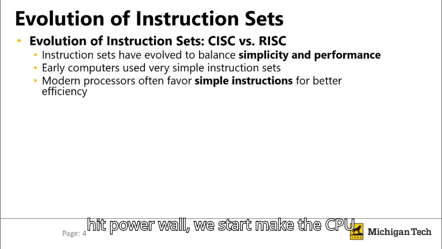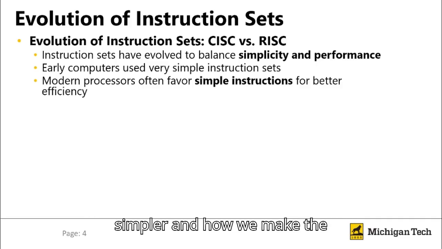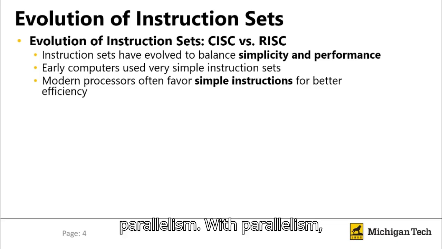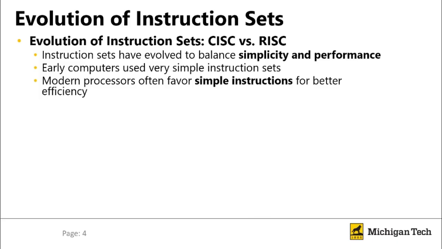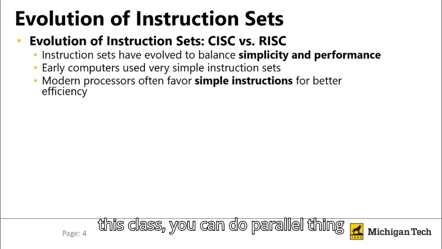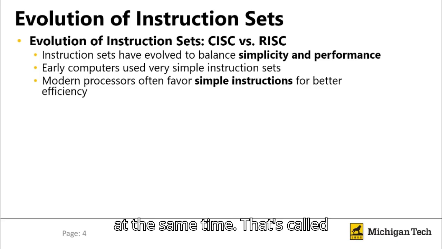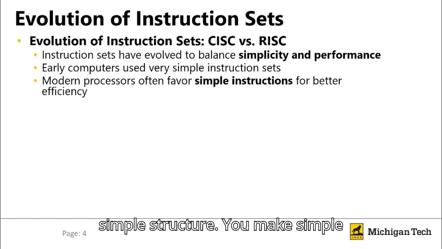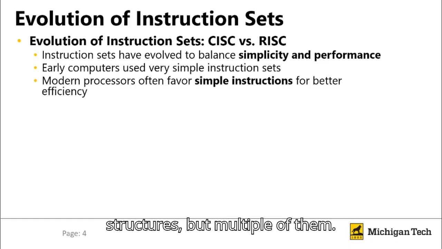Because we hit the power wall, we make the CPU simpler, and we make the performance higher with parallelism. Superscalar, multi-core, or pipelining, which we're going to see in this class, let you do things in parallel at the same time. That's called parallelism, and it comes from simple structure. You make simple structures, but multiple of them.